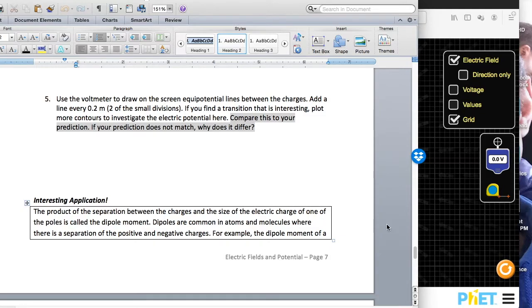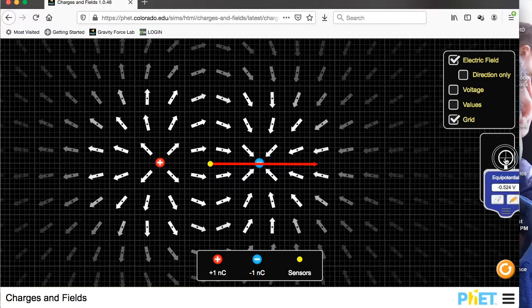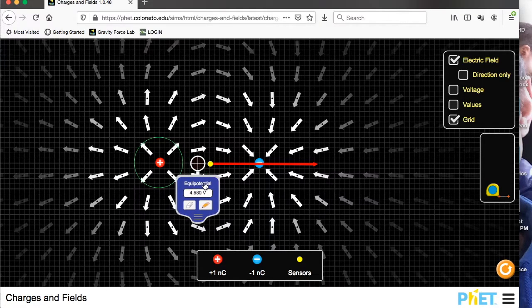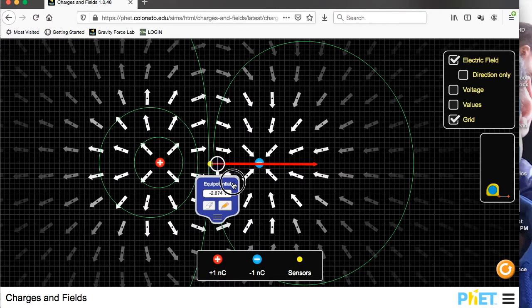And now let's make some equipotential contours. Put one right here. And we'll put one right here. How about one right there? How about one just on the other side? How about one like here?